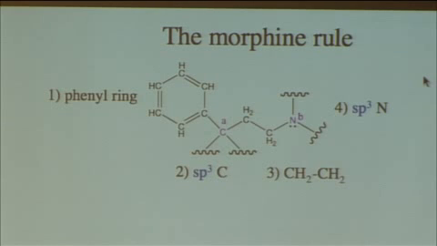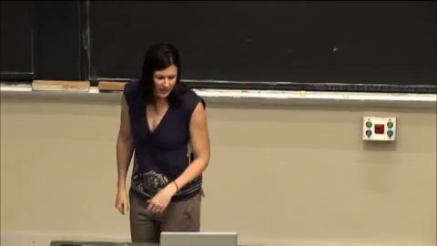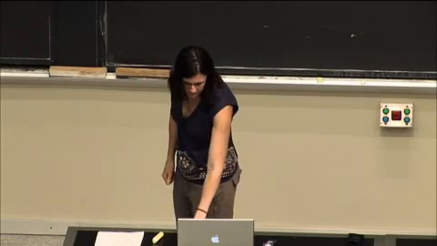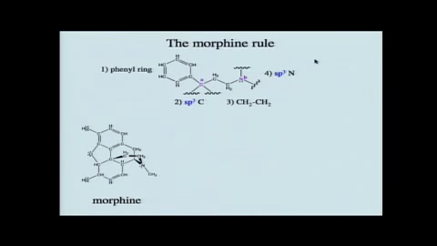So I said this is responsible for the biological activity of morphine. If we take a look at the morphine molecule here, you can see that it's a little more complicated than the structure we see right here. But if I highlight the residues in purple, you can see that it does follow the morphine rule.